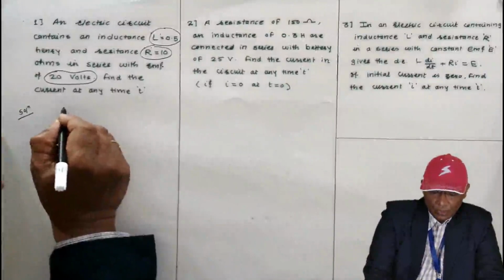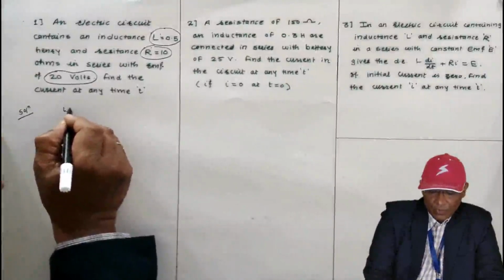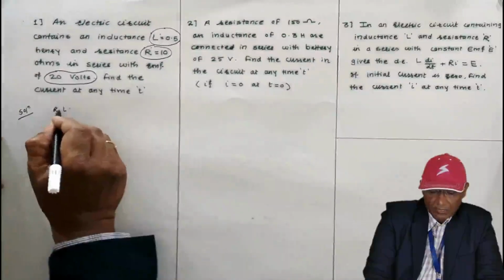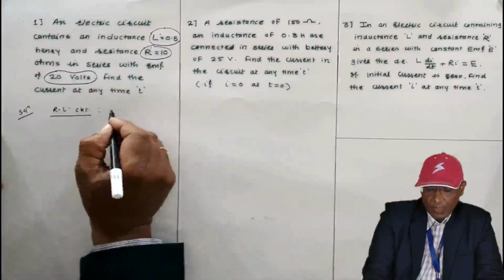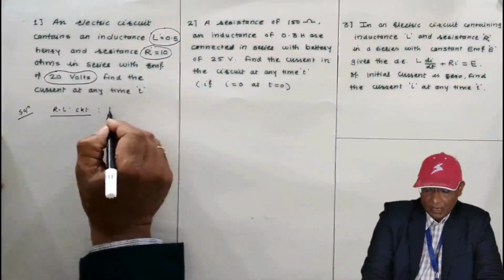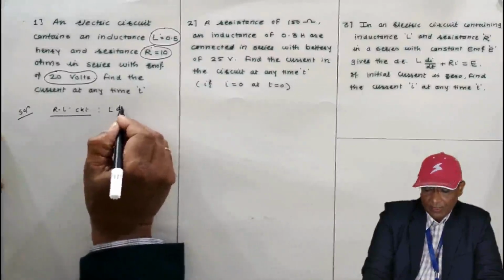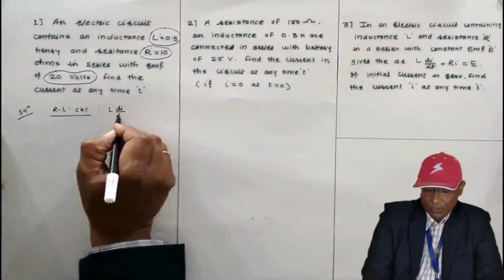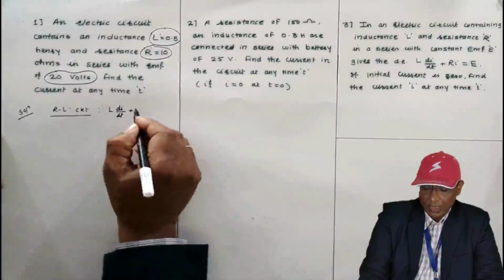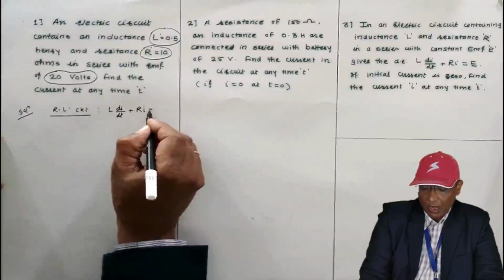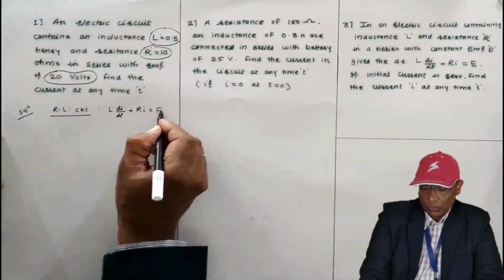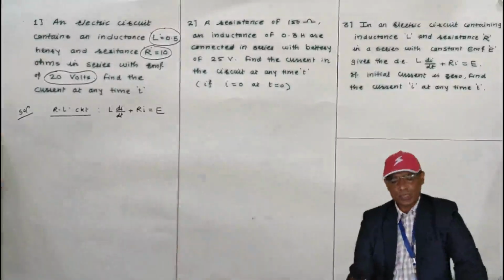First of all, the differential equation of RL circuit you have to write. This is RL circuit, and the differential equation of RL circuit is what? L di by dt is the voltage drop across inductance L, plus voltage drop across resistance R, is the total voltage drop. This is Kirchhoff's voltage law.